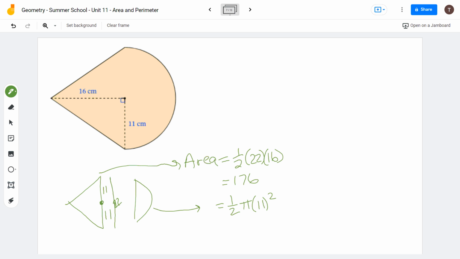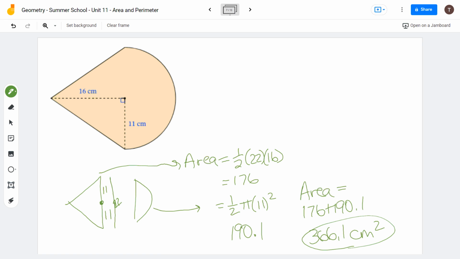So 0.5 times pi, I like to use the pi button, but you don't have to, times 11 squared is 190.1. So if I add these up now, I get 366.1 centimeters squared. So that would be my area.